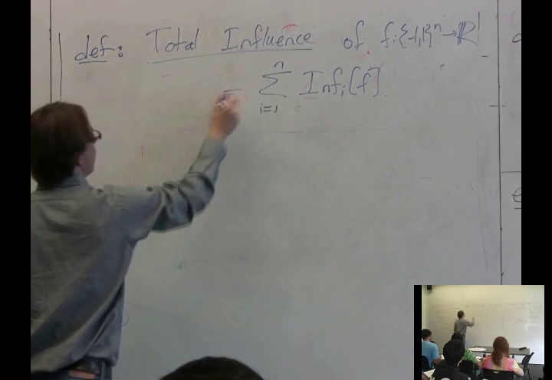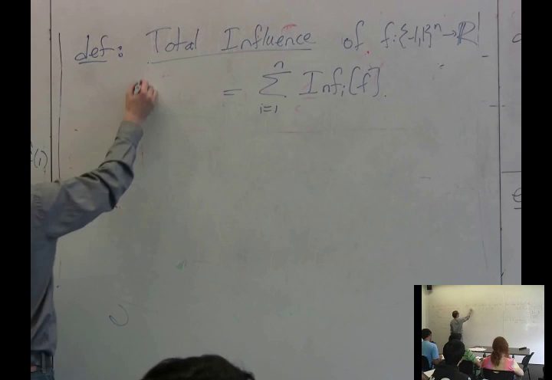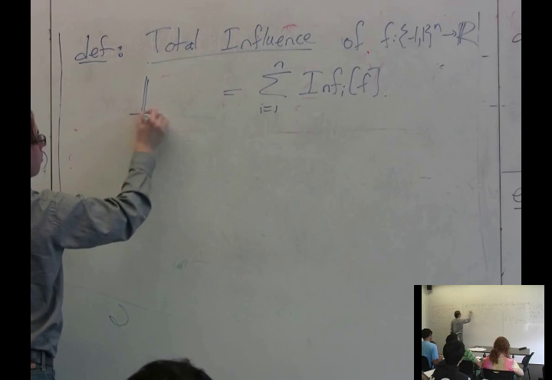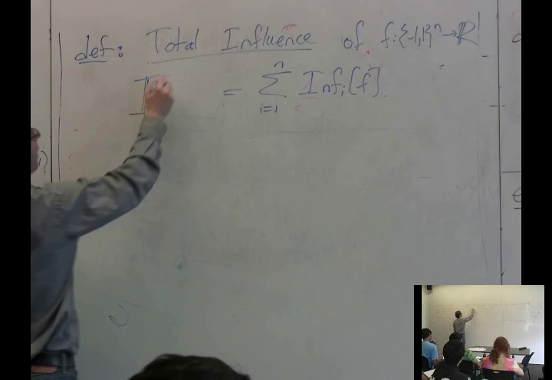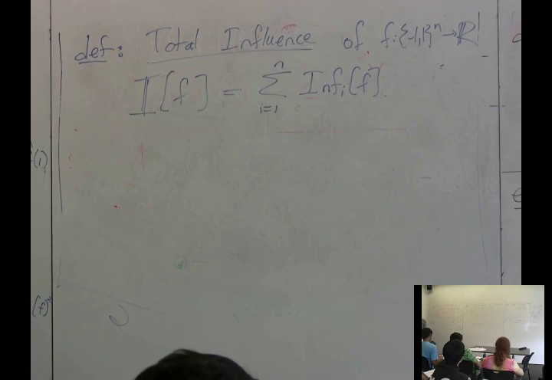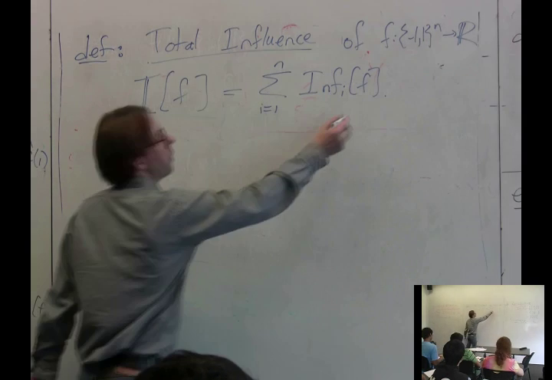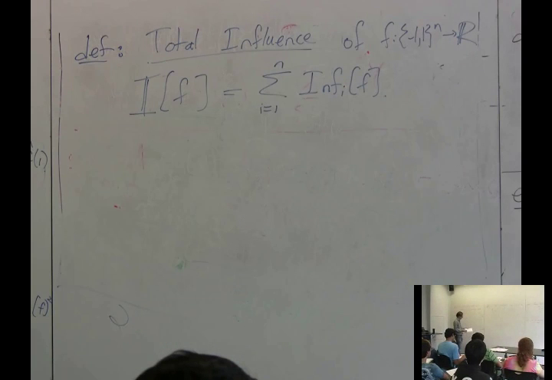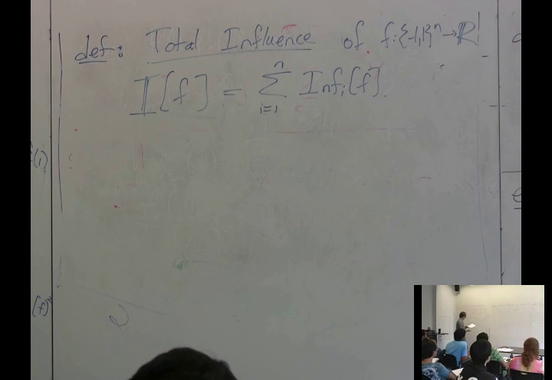Okay, and we use this notation, boldface I, which on a whiteboard we write like that, of f. It's not the greatest choice, but I didn't choose it. It was chosen by Kalai and Linial, so we have to stick with it. Okay, so that's a quantity. It's easy to compute if you know the influences. But what is the meaning of this quantity?